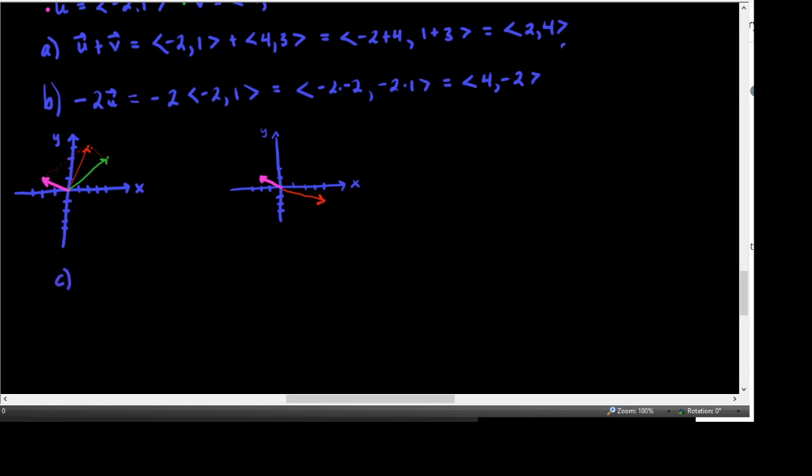Okay, let's do the next one. 3u minus 2v. That's 3 times negative 2, 1 minus 2 times 4, 3.